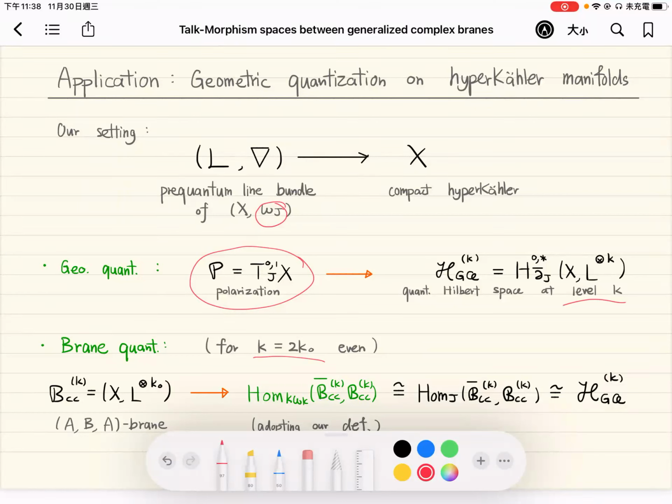Then there is an A-brane, which is the BCC at level K in this way, because we really have the line bundle L, and you can take the tensor power up to the power K0, and you get an A-brane here.